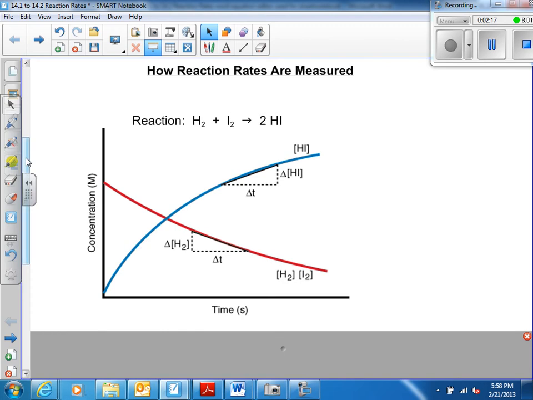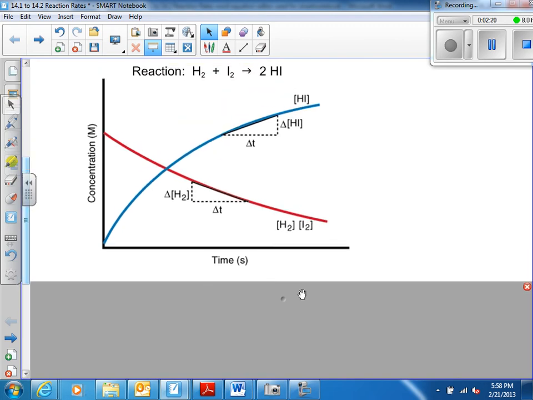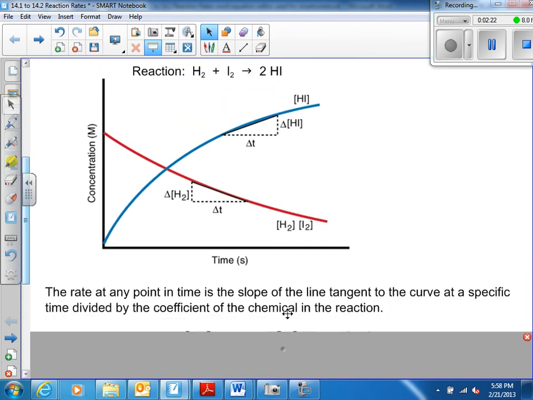And the way you actually measure a rate, at any point in time, if you have this data, concentration versus time, the rate is the change in concentration over the change in time, and that is the slope of the line tangent to this curve above at any specific point in time. And then you have to divide that by the coefficient of the chemical in the reaction.